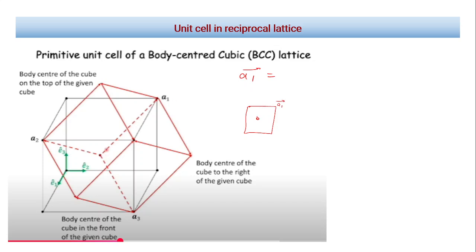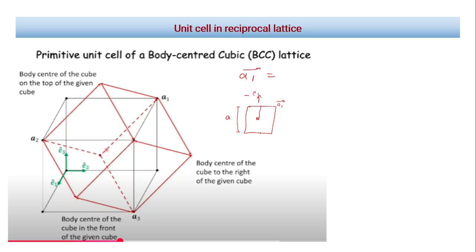So if I need to reach there, I need to move half. If the edge length is A, then I need to move A by 2. In which direction? E1 is towards front and I have to move back. That means I have to move A by 2 in the minus E1 direction.